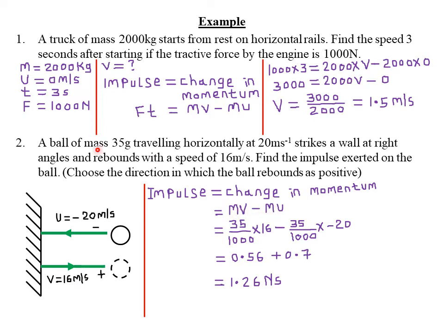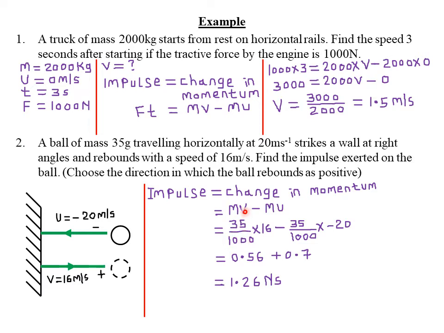For the mass of the body, we are told that the ball has a mass of 35 grams, but we know that the SI unit for mass is the kilogram. Therefore we also know that 1000 grams is equal to 1 kilogram. So what about 35 grams? That should be 35 grams divided by 1000 grams, multiplied by 1 kilogram. That is, to convert 35 grams into kilograms, we simply divide by 1000.